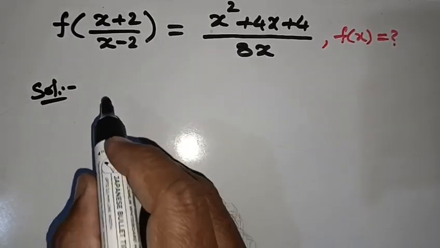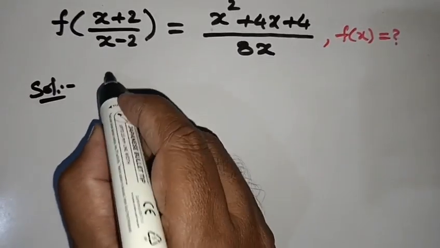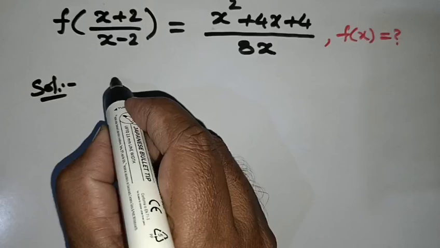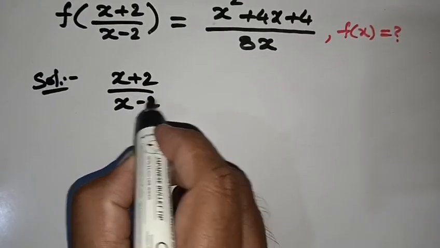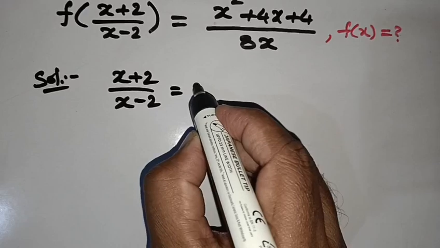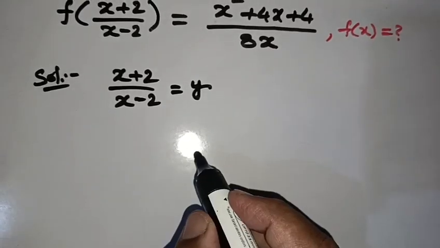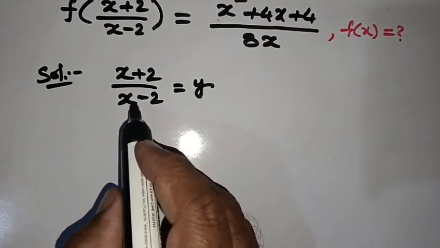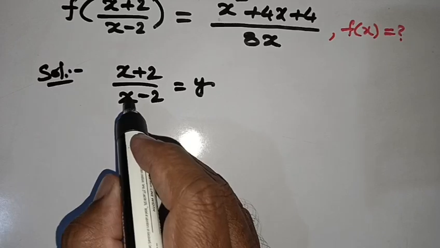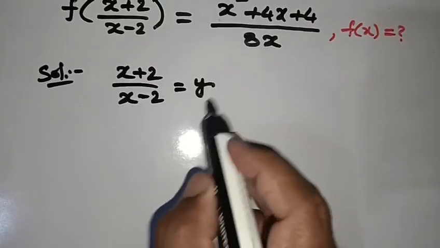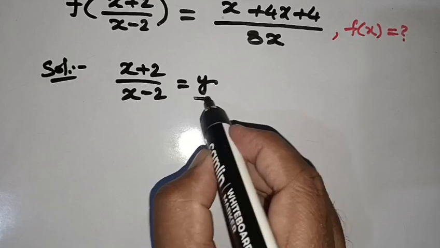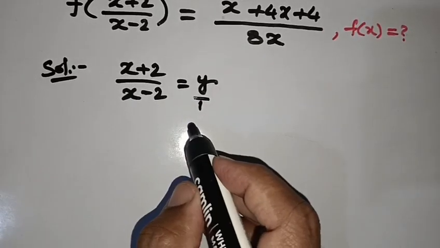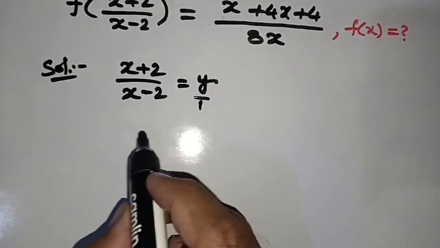So for that purpose, what I do is, I simply take this (x+2)/(x-2) and let me assume that this is y, say. Then write this as x is equal to some function of y. In order to do it, just cross multiplication and then separating the terms and taking x is equal to.